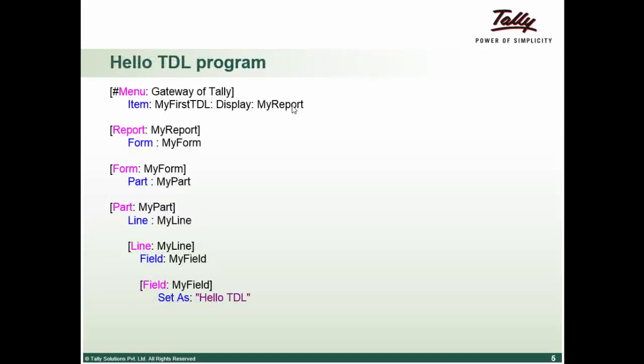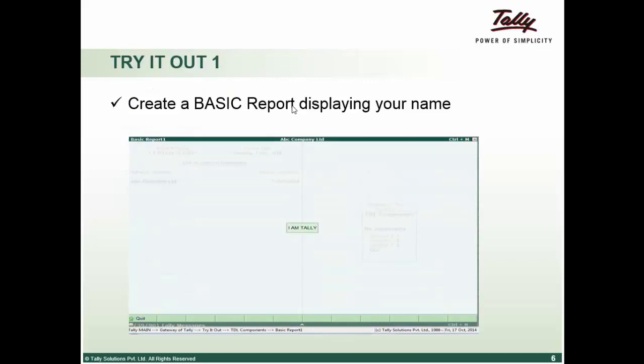And this is our basic Hello TDL program. This demonstrates a basic structure of TDL, and this can be executed from the menu Gateway of Tally. So let us just start writing our first basic report, Hello TDL.